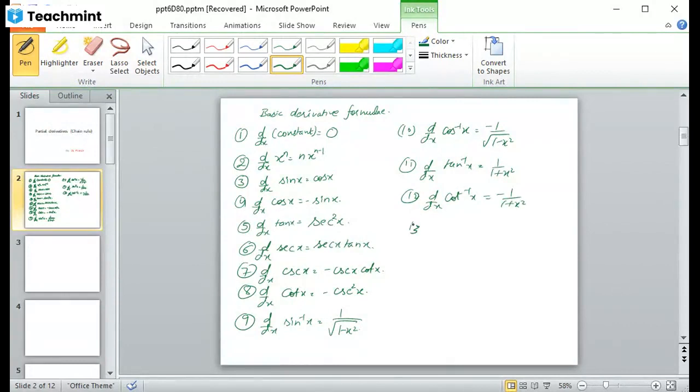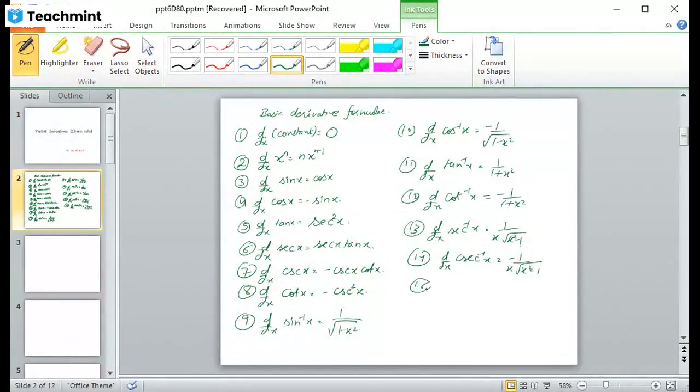And then the derivative of secant inverse x is 1 upon x into square root of x square minus 1, and the derivative of cosecant inverse x is minus 1 upon x into square root of x square minus 1.